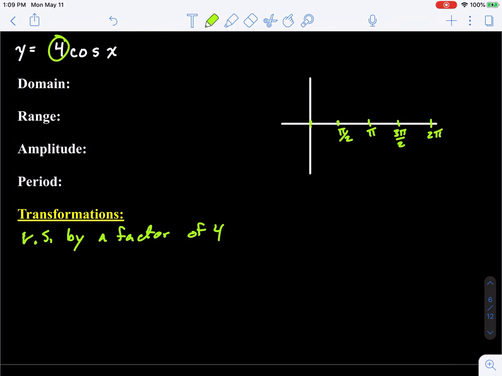All right, so let's think about plugging in points. Let's plug in 0. Well, the cosine of 0 is 1. That gives you 4 times 1, which is 4. So when x is 0, you're going to be at a high point of 4.